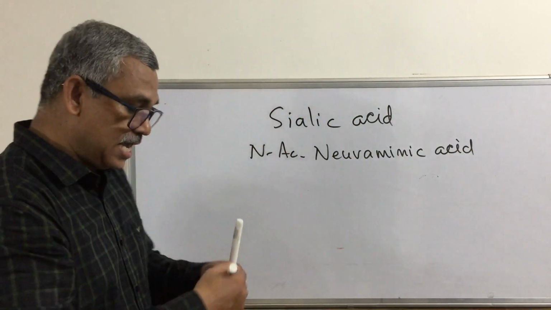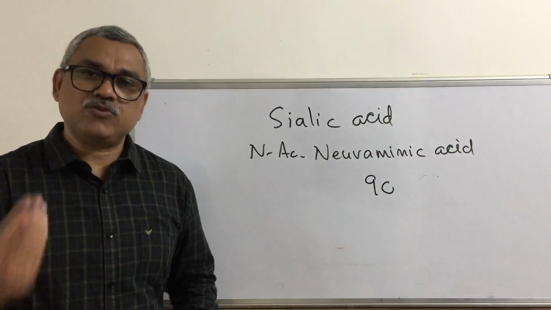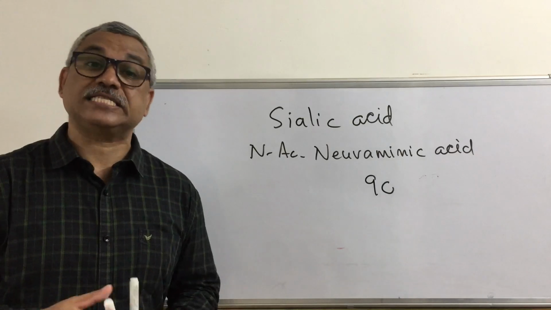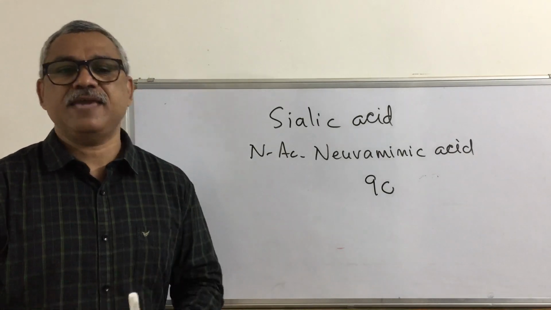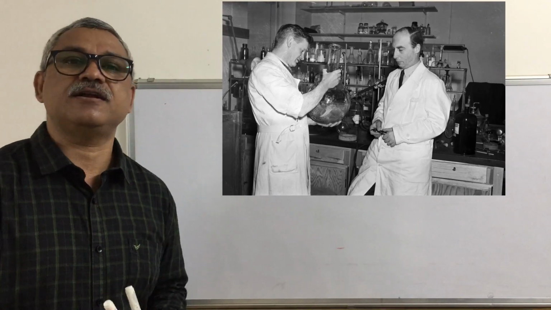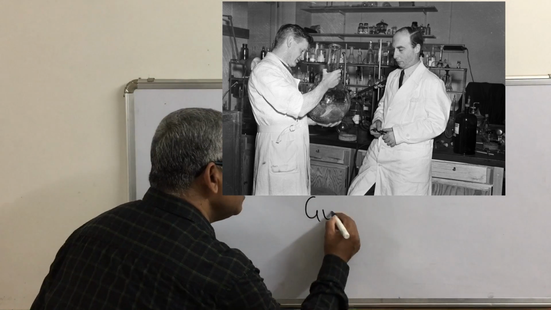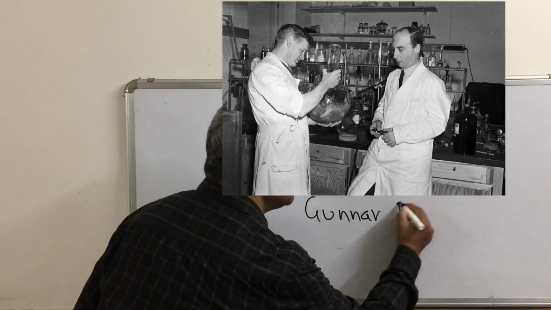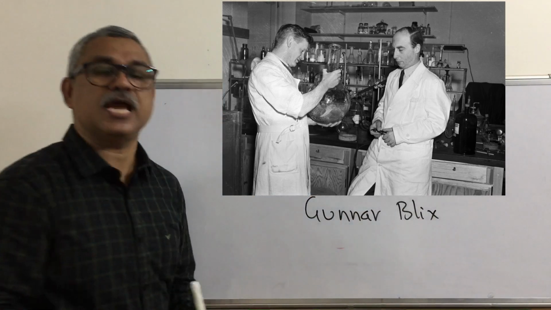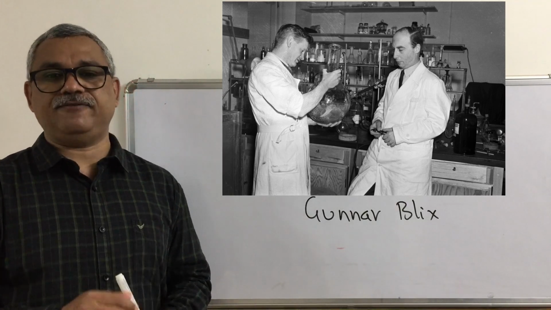This amino sugar is a 9-carbon sugar, and it was originally found in the saliva. So therefore this name came, sialic acid, and it was discovered in 1952 by a scientist whose name is Gunnar Blix. A Swedish scientist identified sialic acid from saliva.